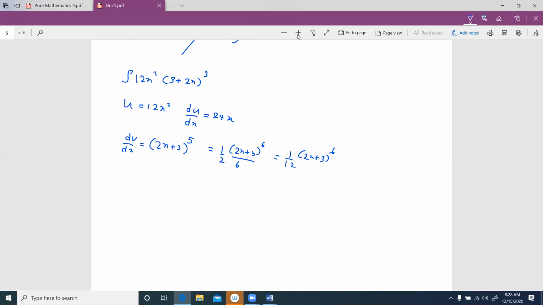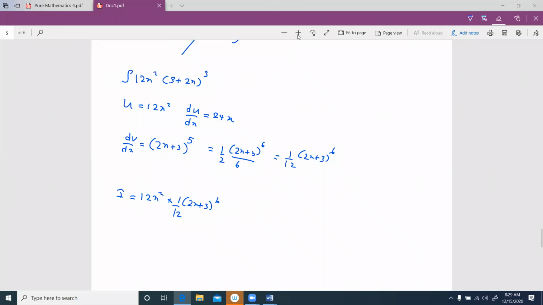Then you can say I equals uv. u is 12x squared, v is 1 over 12, 2x plus 3 to the power 6. So that is turn up to x squared. Sorry, we'll do the rest of it. This is the uv part.